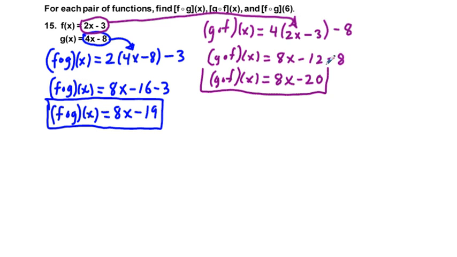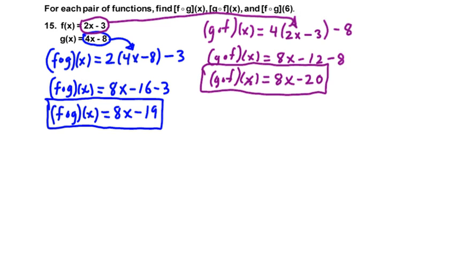And for this little exercise here, one of the things we want to get out of it is that f of g of x is usually not going to be the same as g of f of x. So that's just one thing to be gained from this here. Next, we have the last part, which is f of g of 6.